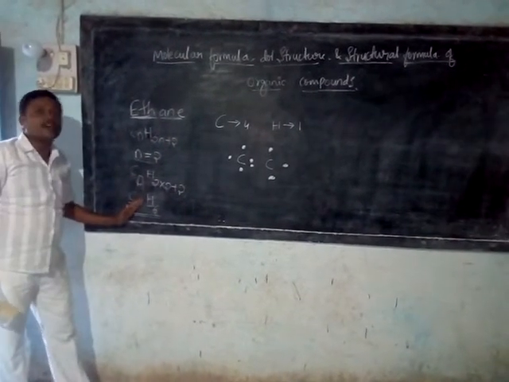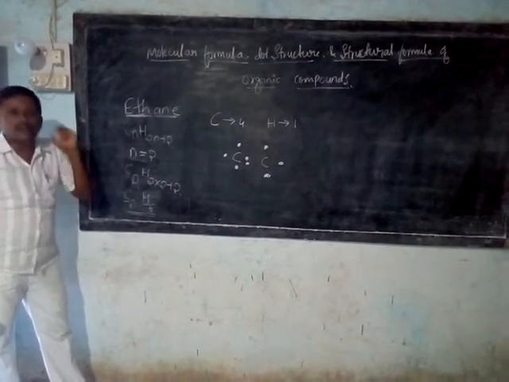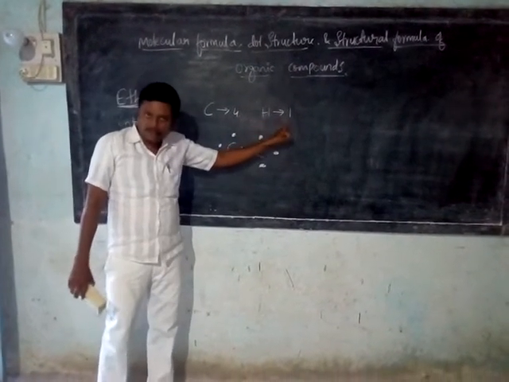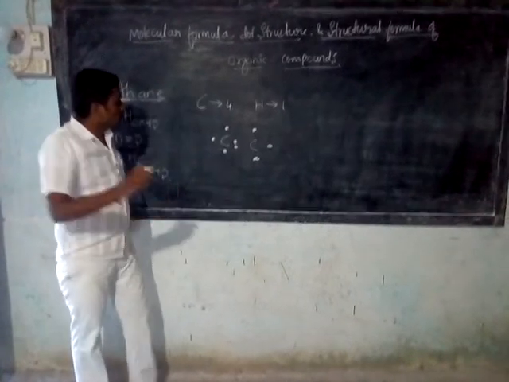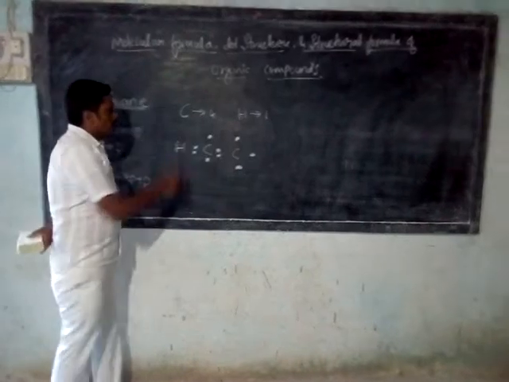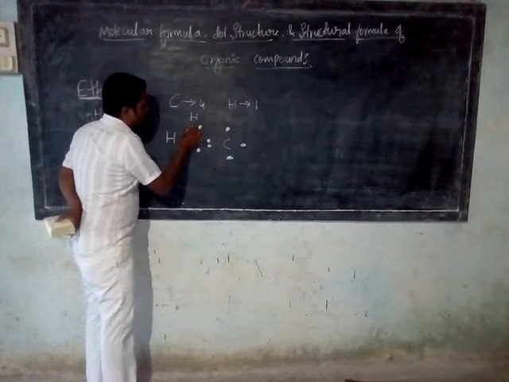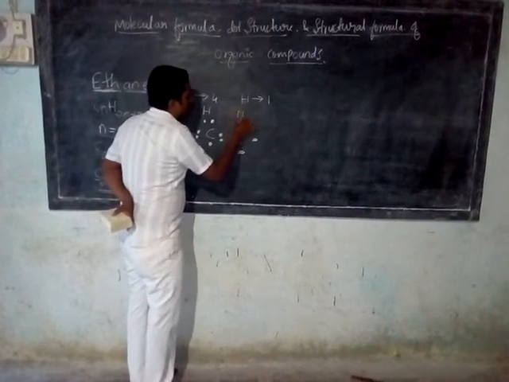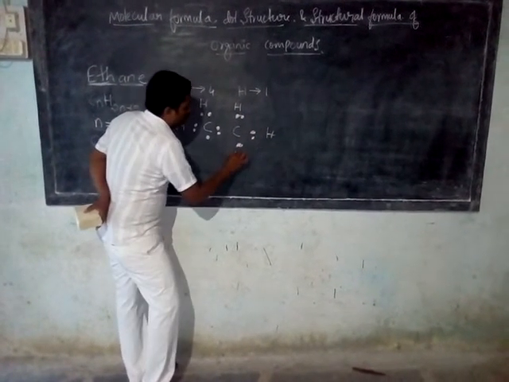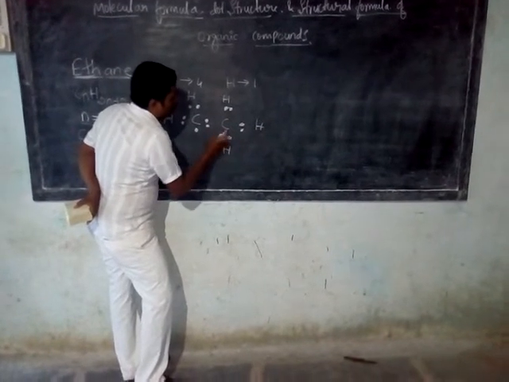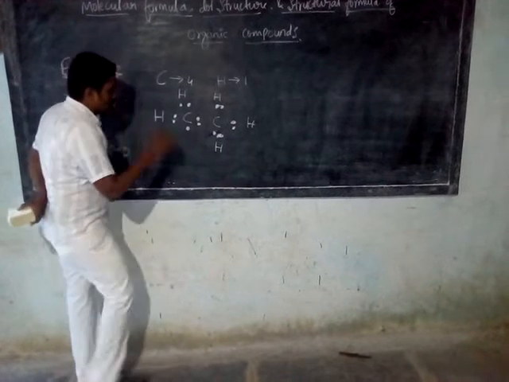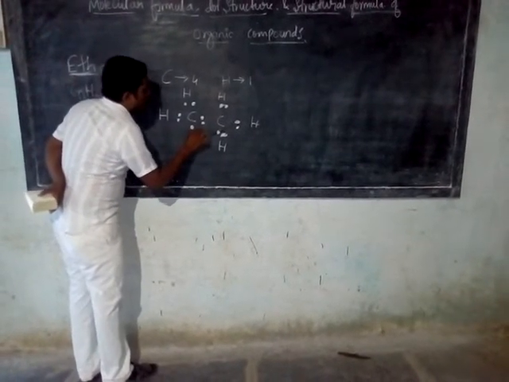How many H are there here? 6 H. For each H, we have to put 1 dot. So 1 H, 1 dot; next 1 H, 1 dot, and so on, on the sides.